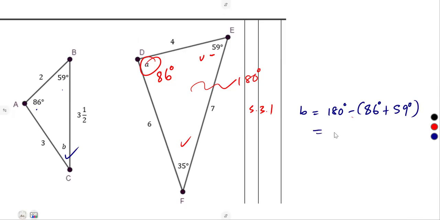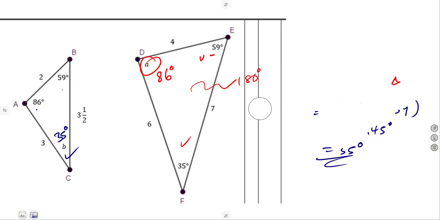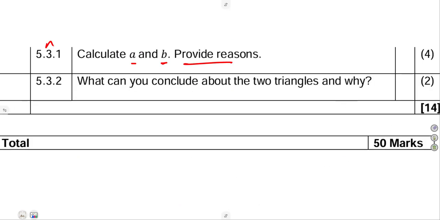That is 145, subtracted from 180, which is 35 degrees. So angle B here is 35 degrees. Angles in a triangle, sum of angles in a triangle. So 5.31 was just easy like that, guys.